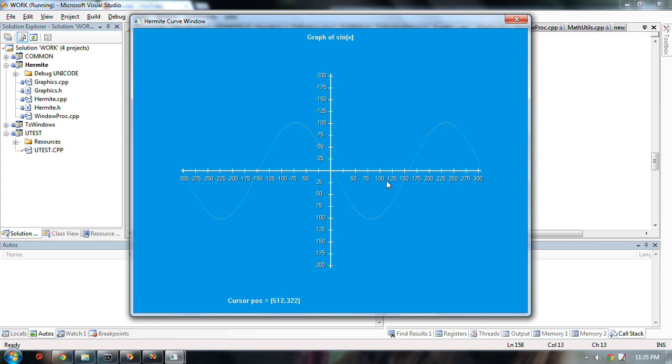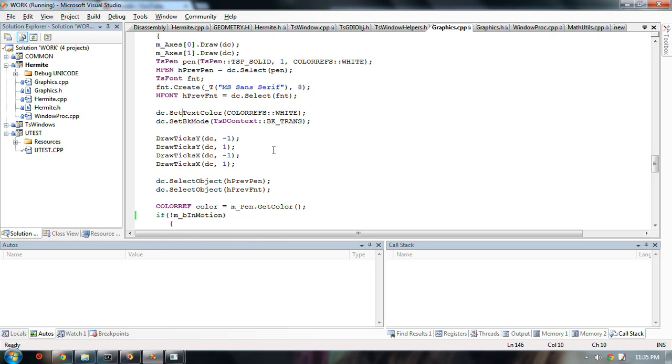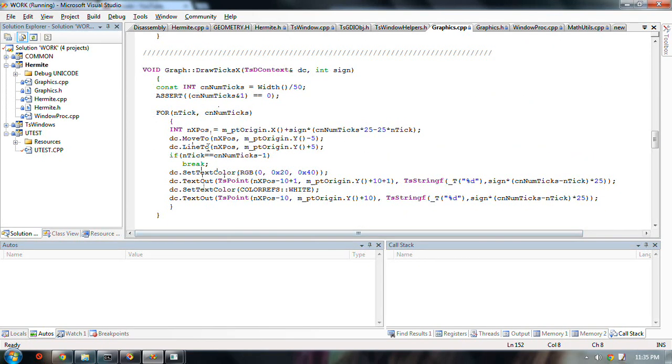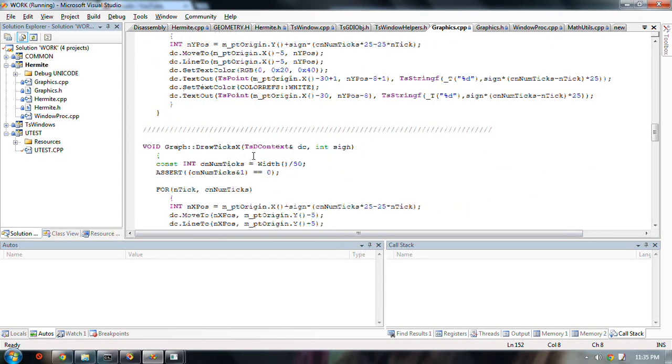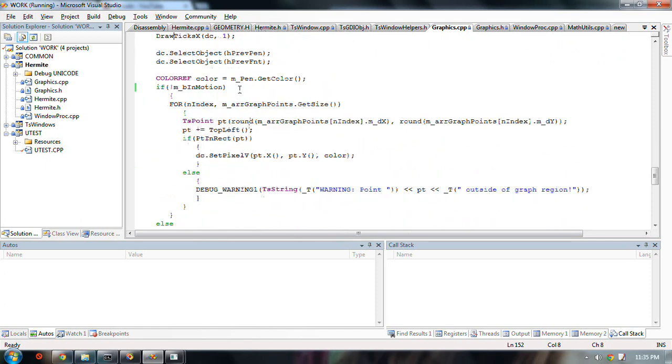But if I add a little shadow to these, they're visible, but they're not in the way too much. And then select that font into the device. And here I'm drawing the ticks. That includes the ticks and the numbers. And this is my computation for doing that. It's one of those things that you just work out.